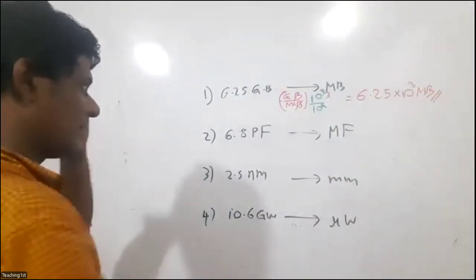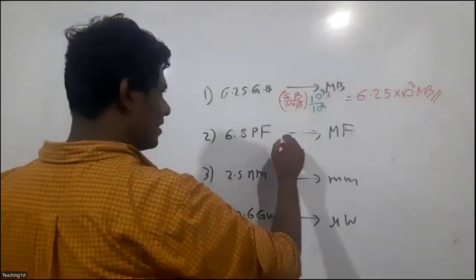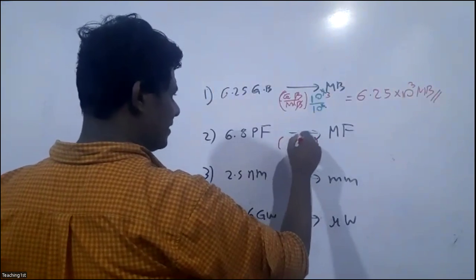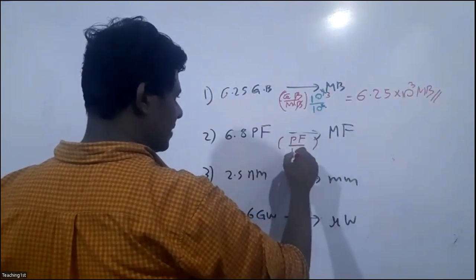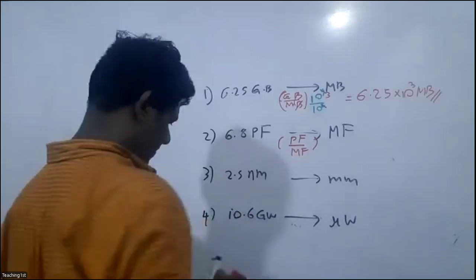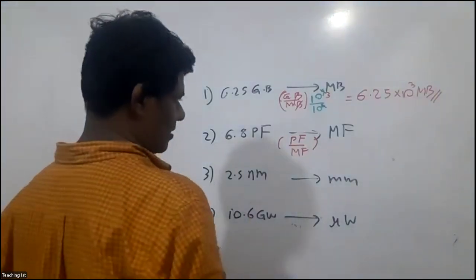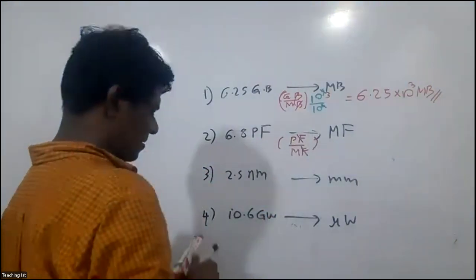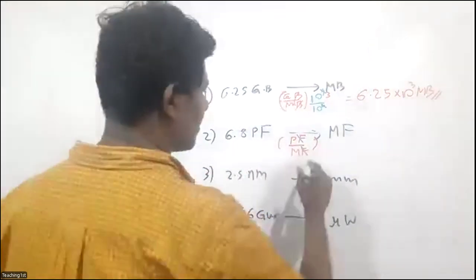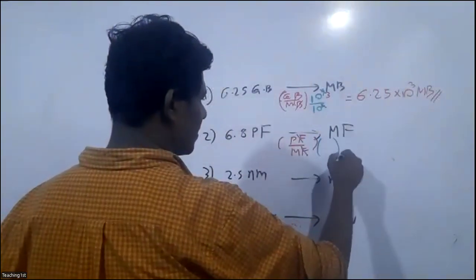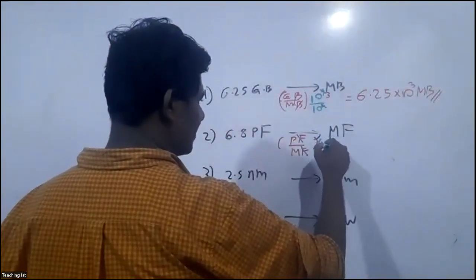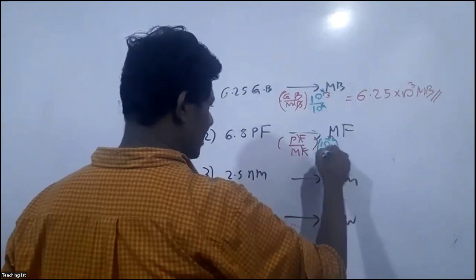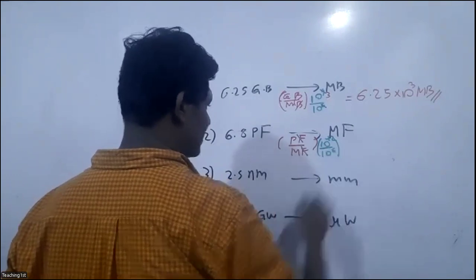In a similar manner, I am going to find out the factor now. It is picofarad to megafarad. It is 10 to the power minus 12 divided by 10 to the power plus 6.